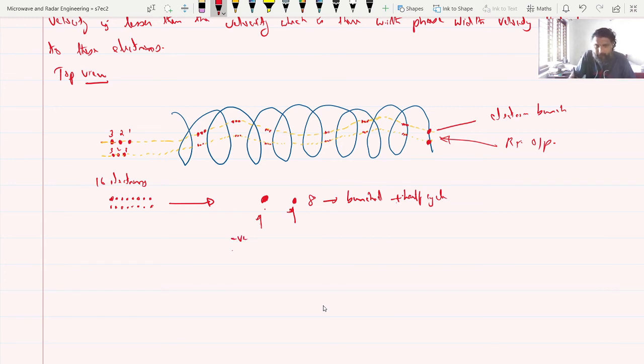Okay. So 8 electrons will be bunched during the negative half cycle, and 8 electrons will be bunched during the positive half cycle. The magnet will generate the magnetic field. This magnet will also prevent the spreading of electrons. So that also I will write here.